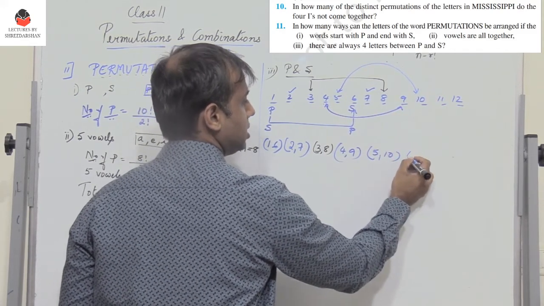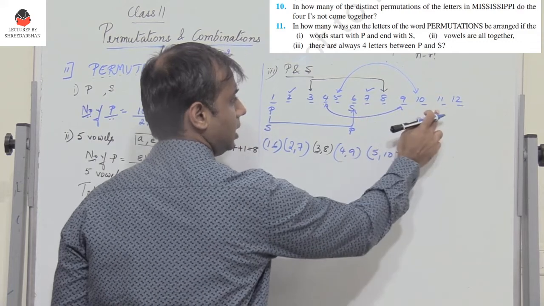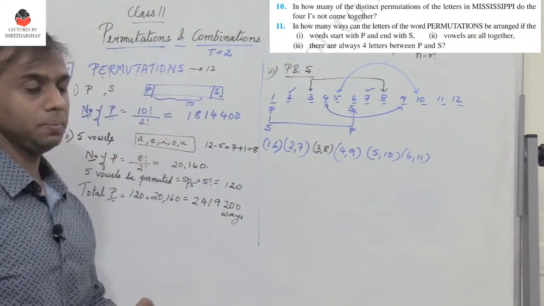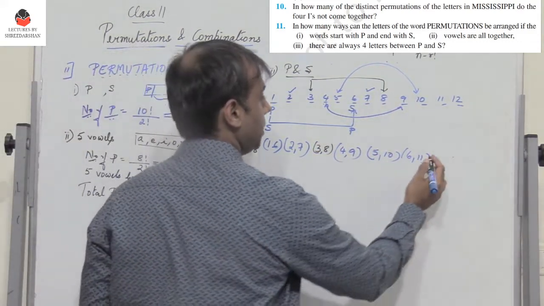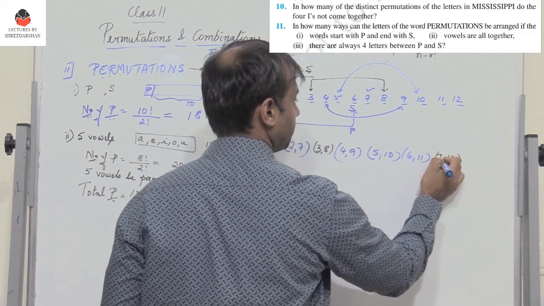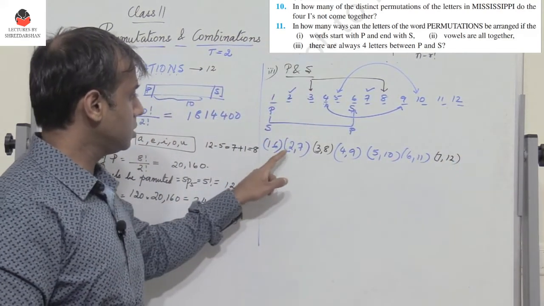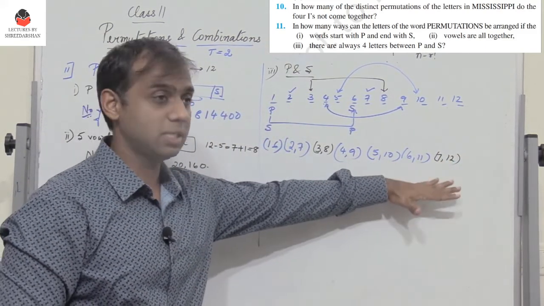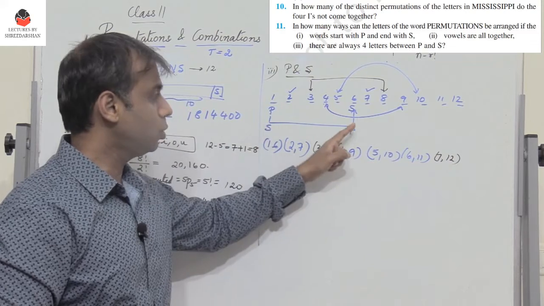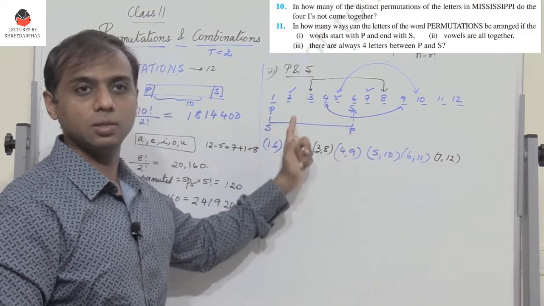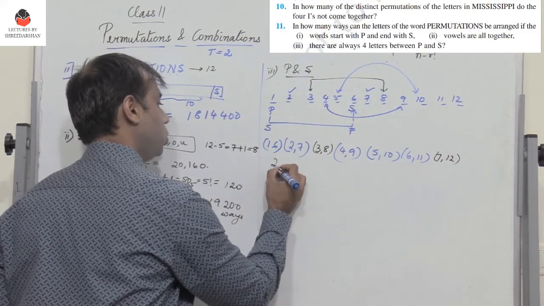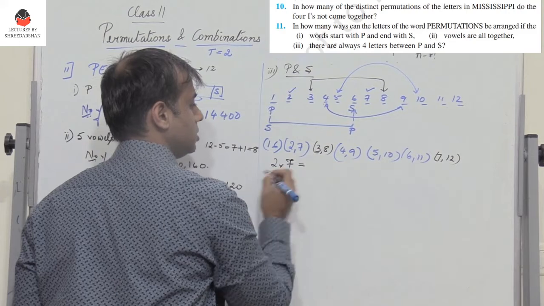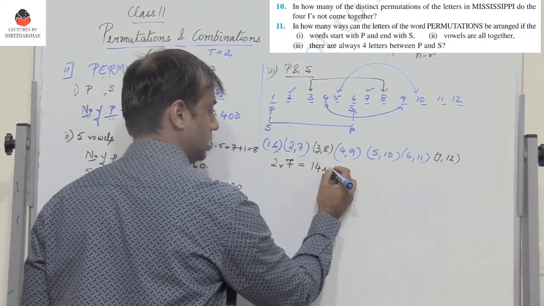And then 6 and 11. Again, in between you have 4 of them. And then the last one being 7 and 12. So there are how many ways? 1, 2, 3, 4, 5, 6, 7. 7 ways. And in each way there are 2 possibilities. One is PS, the other one is SP. So it's going to be 2 into 7, which is 14 ways here.